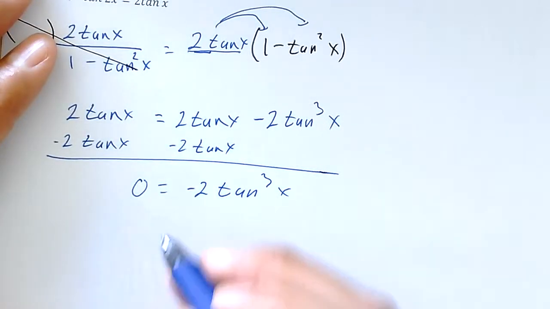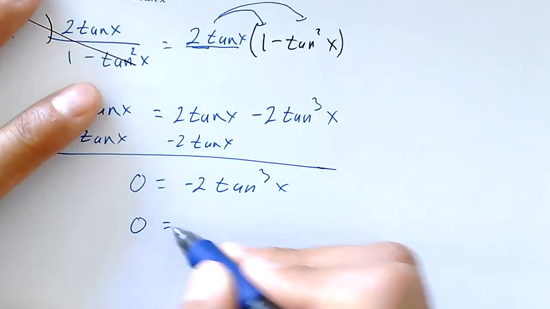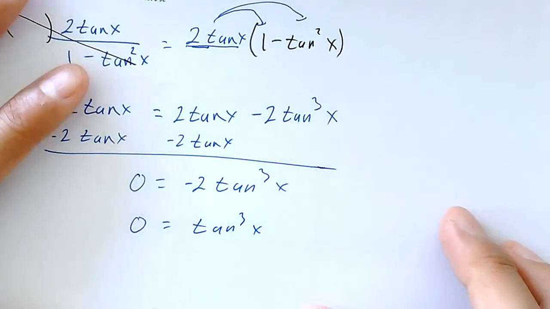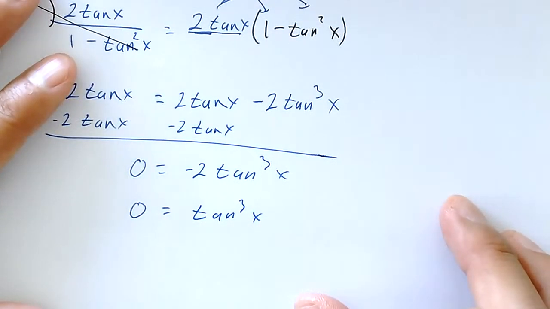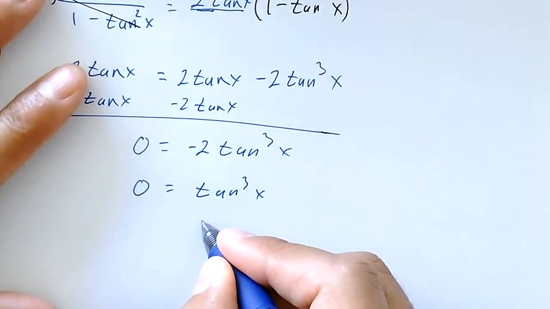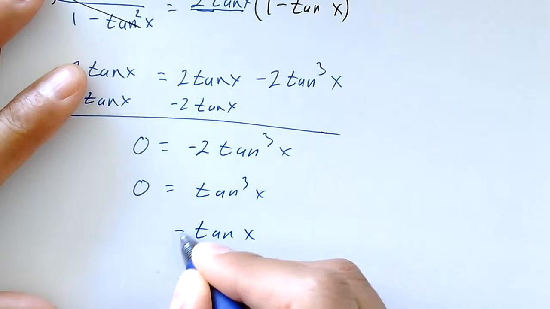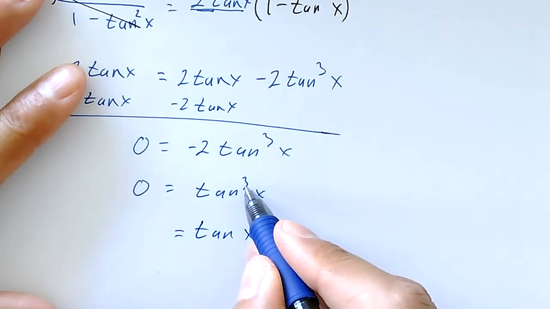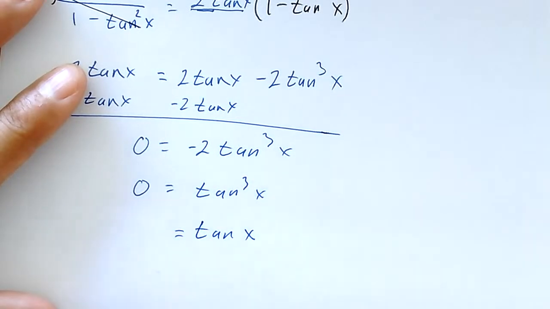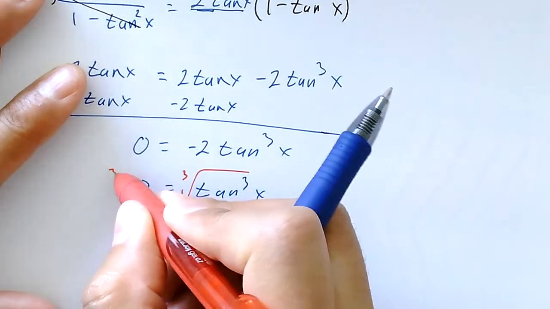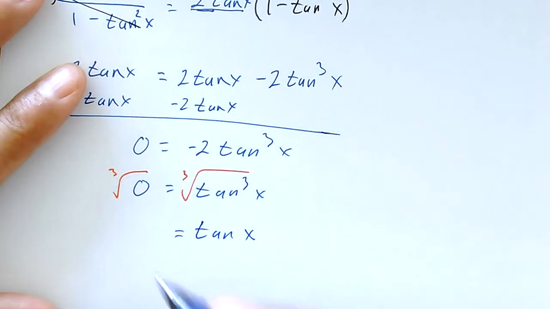And when you divide by -2, you still get a 0. And when you take the square root of both sides, did I say square root? I actually have to take the cube root of both sides, the cube root. Which is 0.